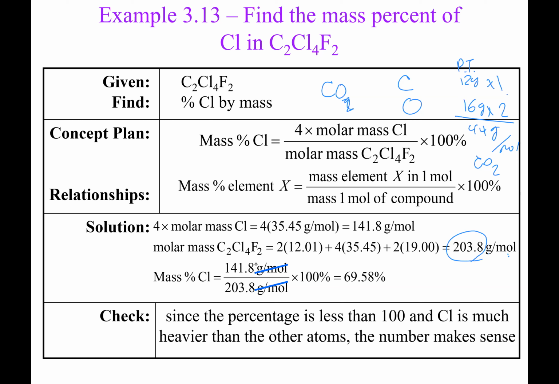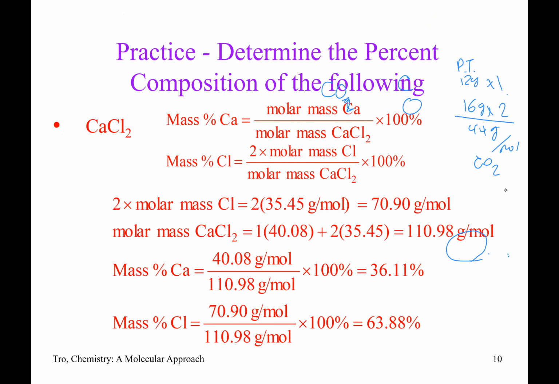So you have to say 4 times 35.5, that's the mass of the chlorine. And then the total mass is the mass of the whole molecule expressed in gram. So molar mass is the mass of the compound expressed in gram.